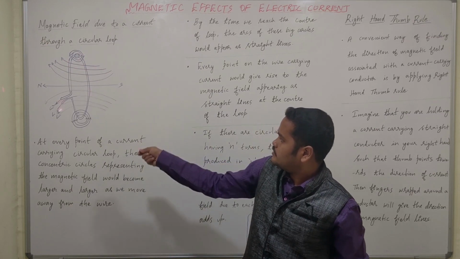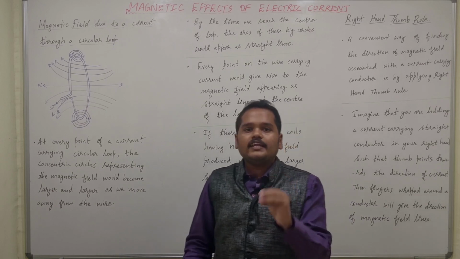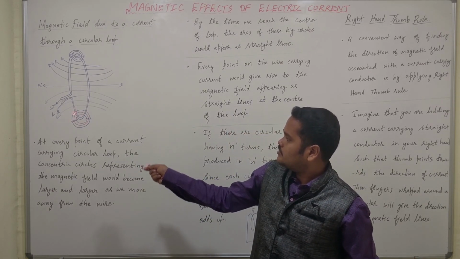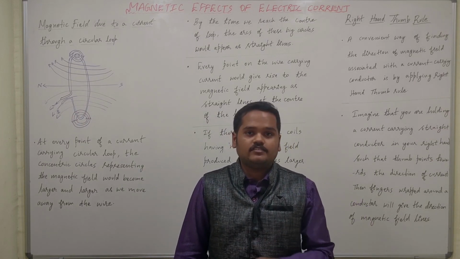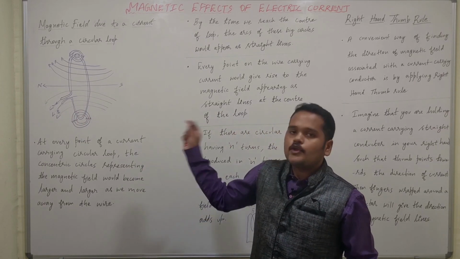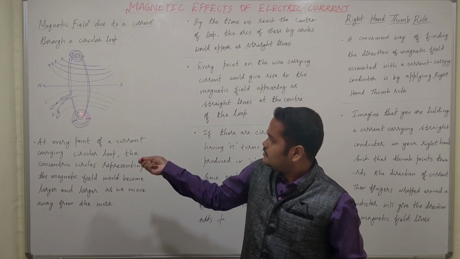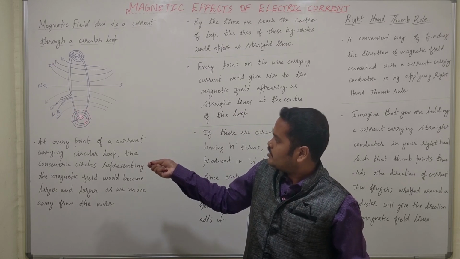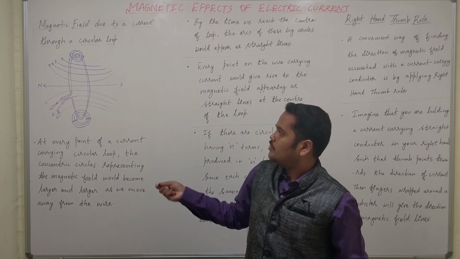Here, these lines and circles which I have drawn indicate the magnetic field and the direction of the magnetic field. So these circles are nothing but magnetic fields. If you observe closely, you will see that as these circles move away from the circular loop, they are becoming bigger and bigger, right?